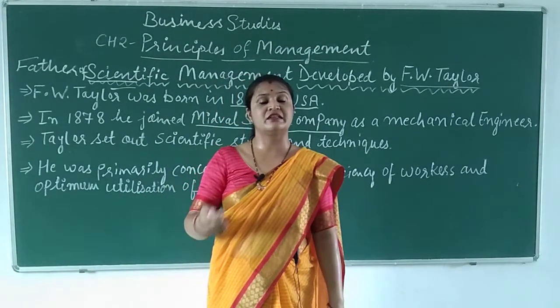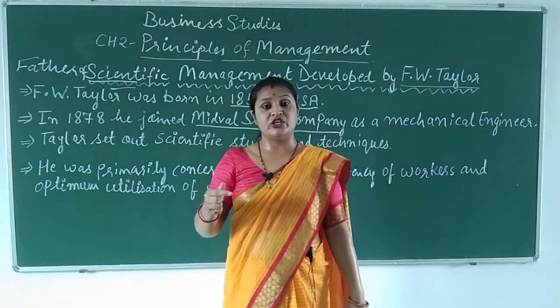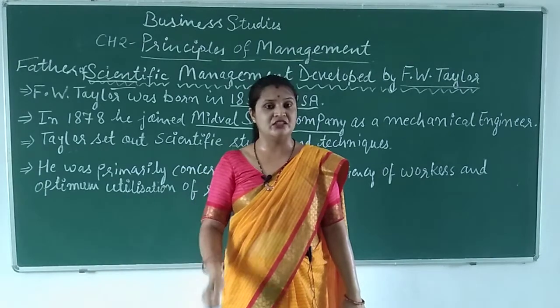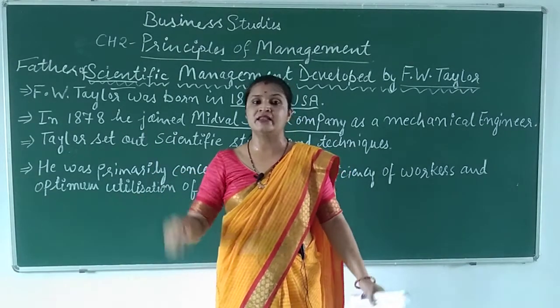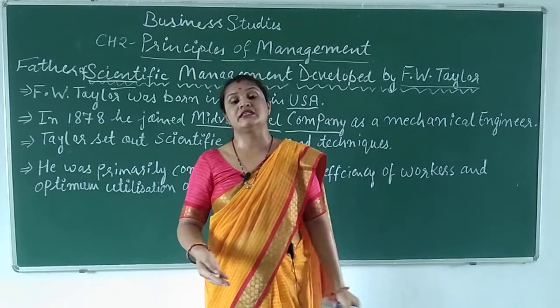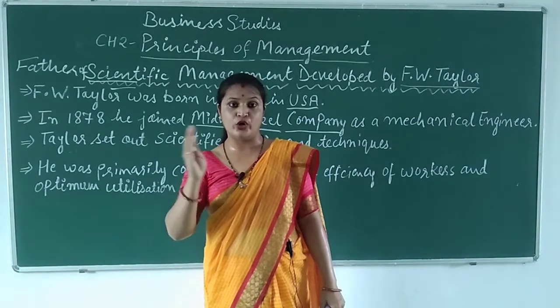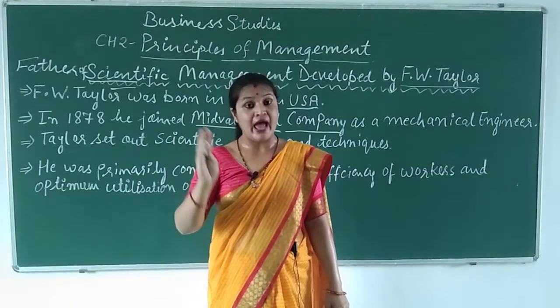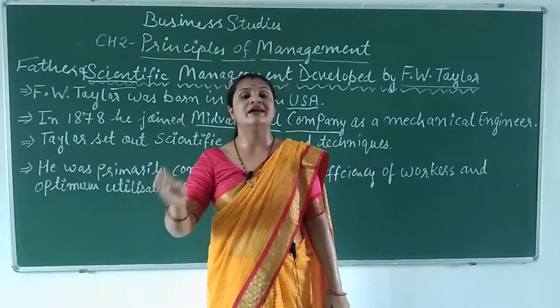Here Mr. Taylor is saying that in the organization, a manager has to take so many decisions. So it is not like the manager can take the decision just like that without observing anything. Mr. Taylor is saying that if a manager wants to take a decision, he should first observe, and using these scientific tools or techniques he should take the decisions.